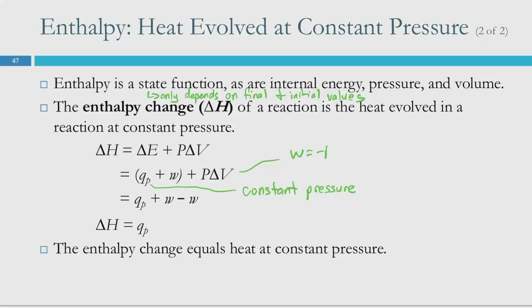Work equals negative P external delta V. So if we swap that negative sign over, negative W equals P delta V. And so we can sub in negative W there. So work minus work, the works cancel. And so our enthalpy change is the heat at constant pressure, QP.